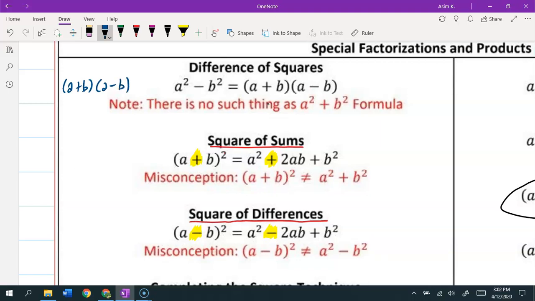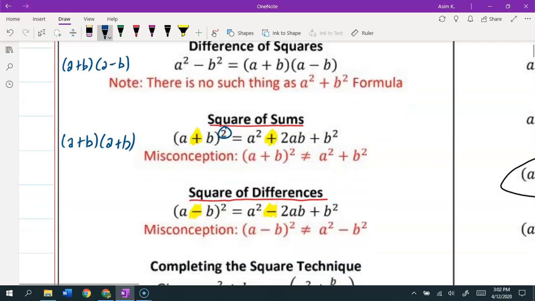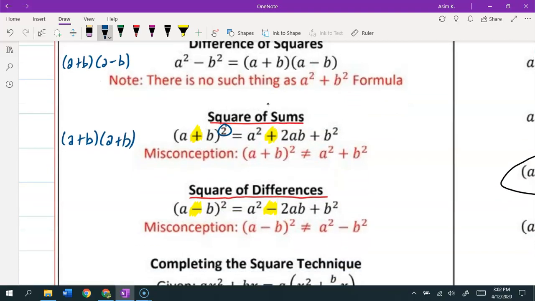The second one, the square of sums, is the odd one out, but that one is more like a plus b times a plus b, because it says a plus b squared. And the square of differences is really a minus b times a minus b.